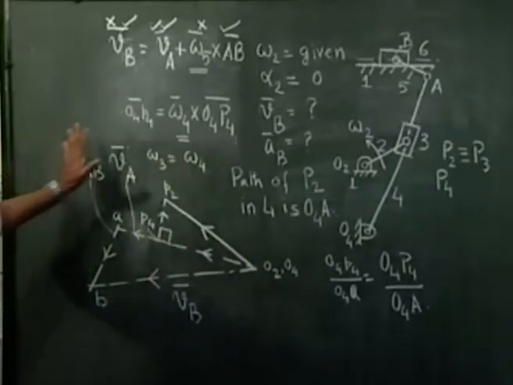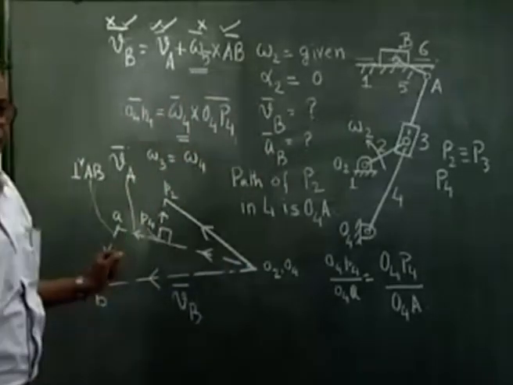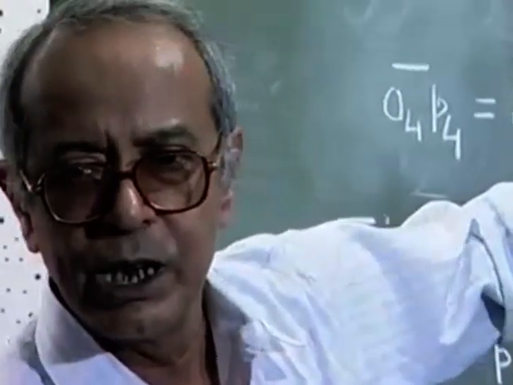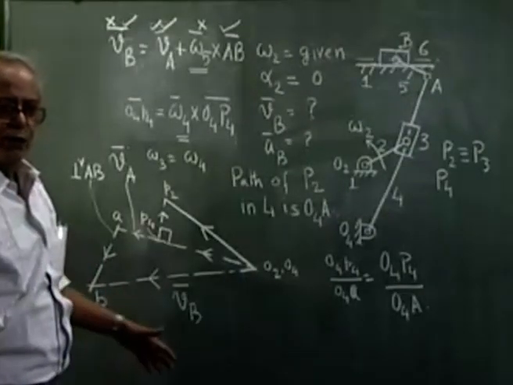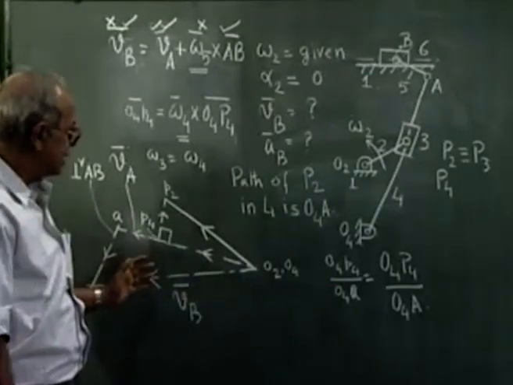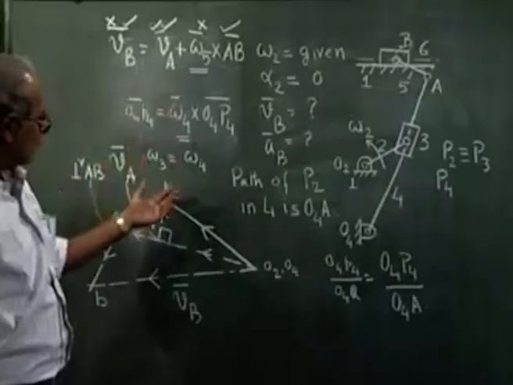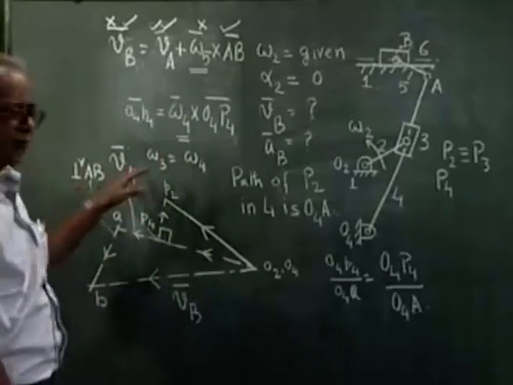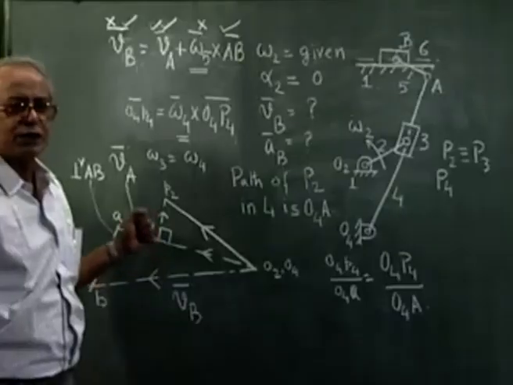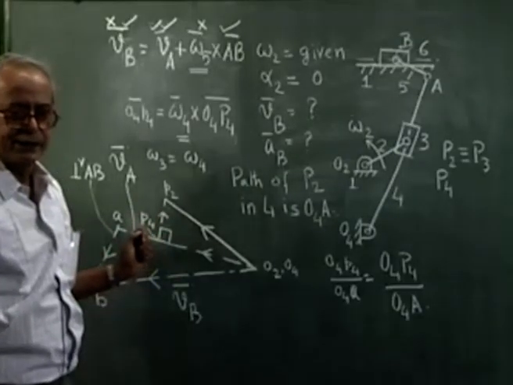So, this completes the velocity analysis of this 6-link mechanism given the input angular velocity omega 2. Everything else has been determined. And once the velocity analysis is completed, once all these angular velocities omega 3, omega 4, omega 5 are known, we are in a position to start the acceleration analysis. Now we shall carry out the acceleration analysis of the same slotted lever quick return mechanism.